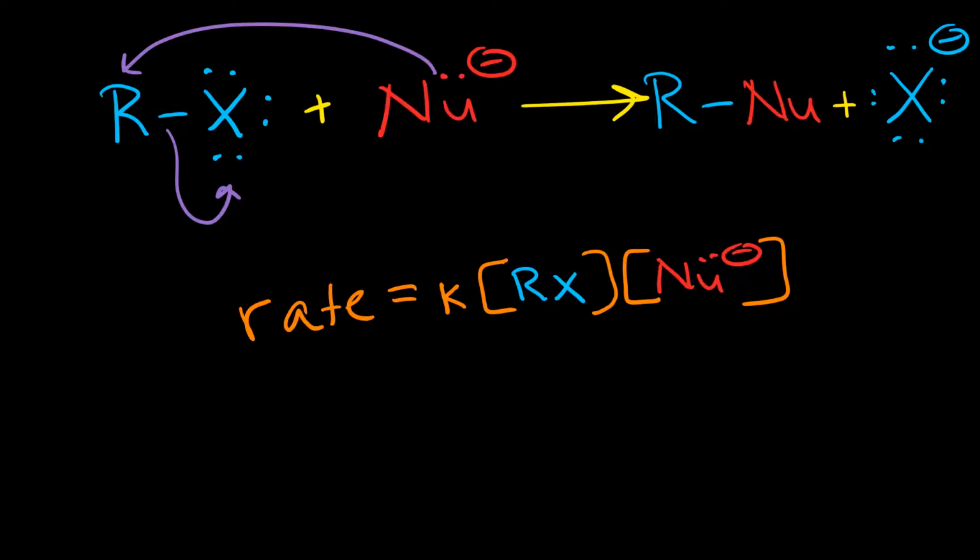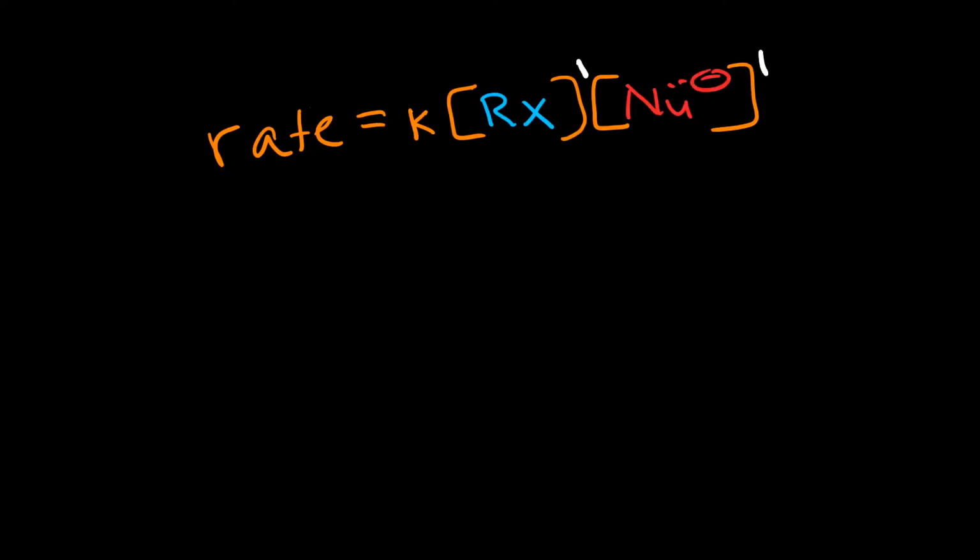Since this reaction only consists of one step, the rate law of the overall reaction is the rate law for that single step. Remember that when there's not an exponent shown here, that implies that the exponent is a 1. But what this is telling us is that the rate determining step depends on the collision of both of these species here.